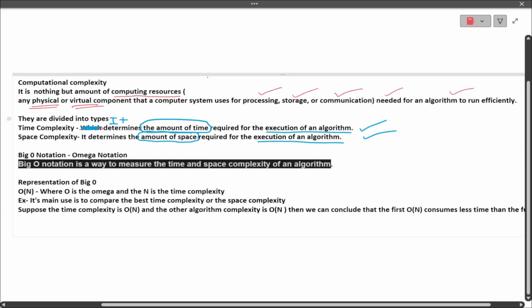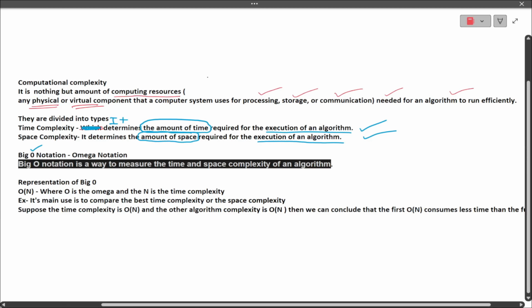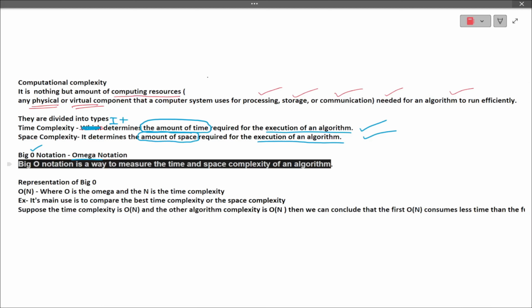Now there is a very beautiful term that you must be observing in your book, that is big O notation. Usually questions come asking what this O means. This O is nothing but omega. What is it representing? Here is the definition: big O is a way to measure the time and space complexity of an algorithm.